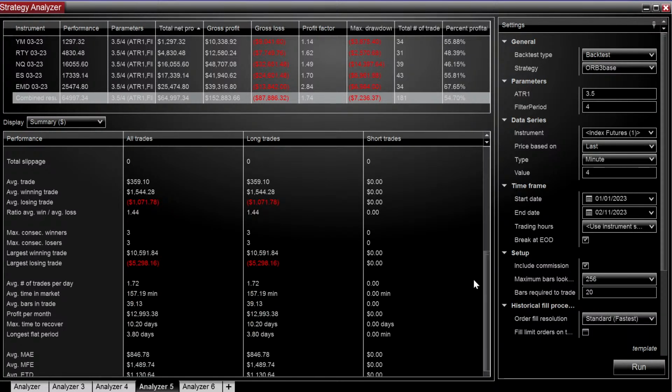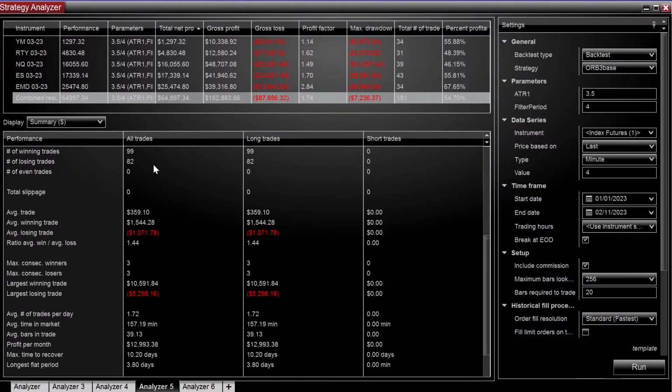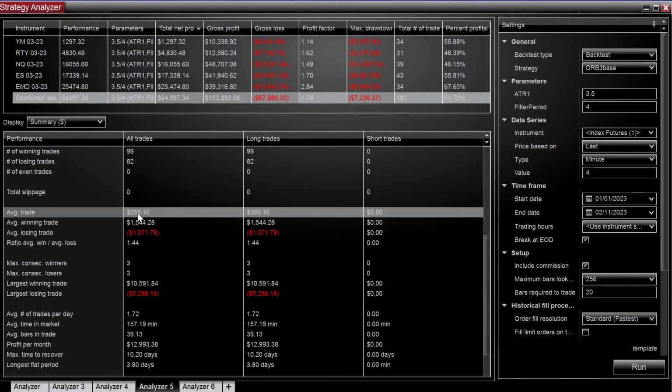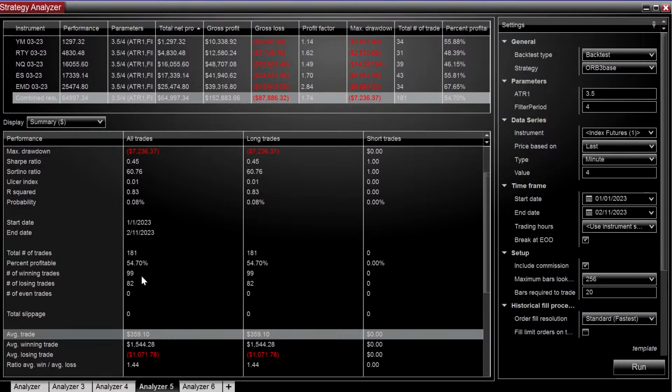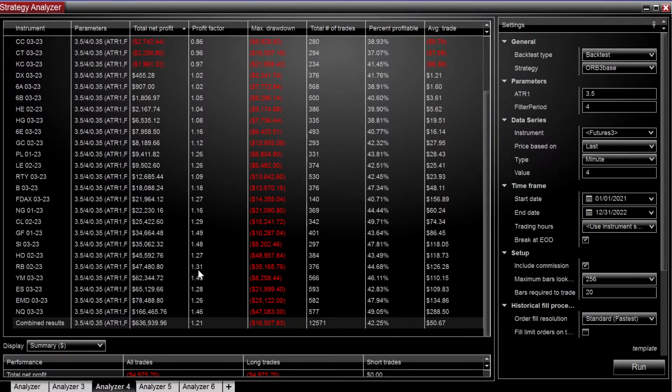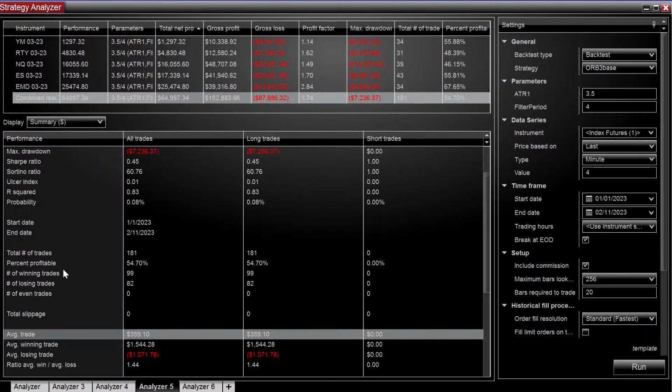But what we can look at is our average trade, which is $359. But that's subject to sample size. Whereas on our core basket, when we had just 12,000 trades, our average trade is $50. And so you're going to see those volatile fluctuations in the metrics depending on sample size.